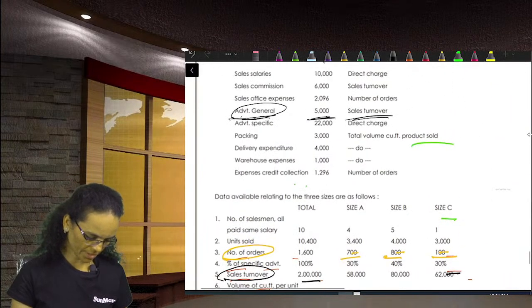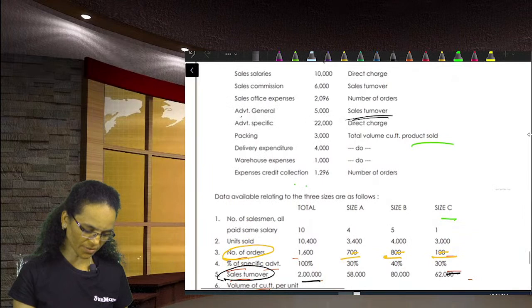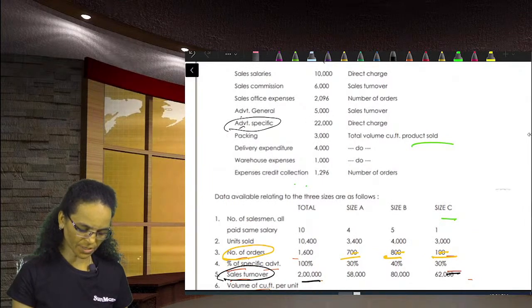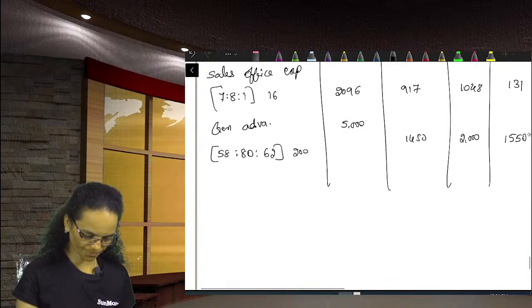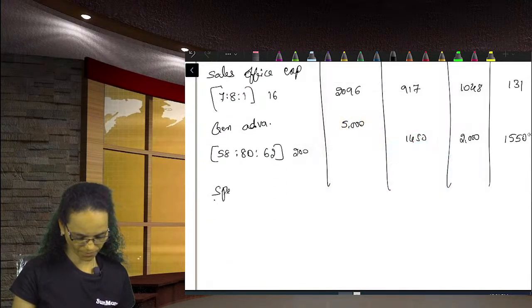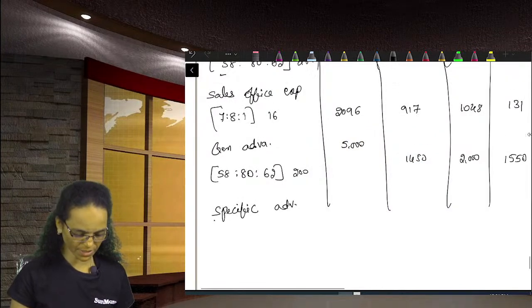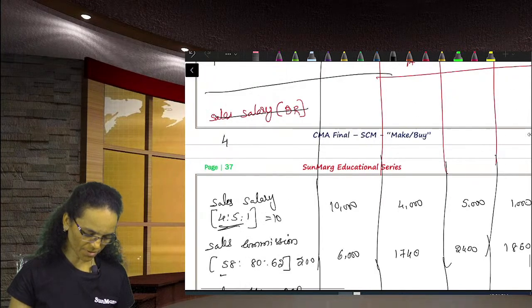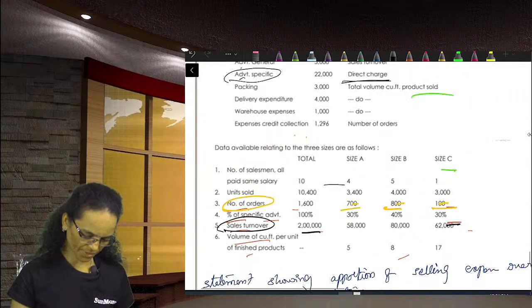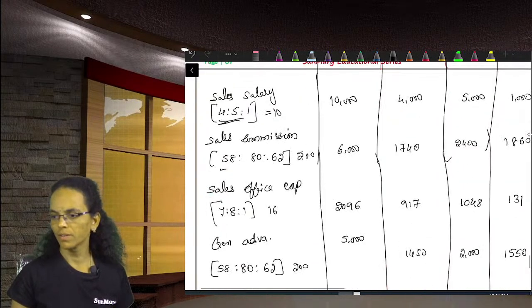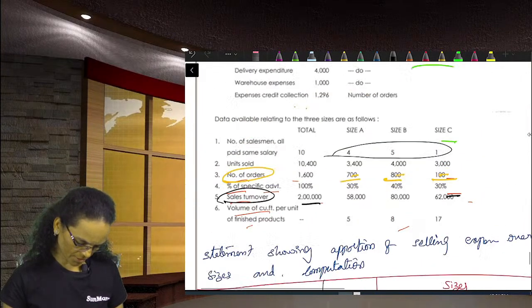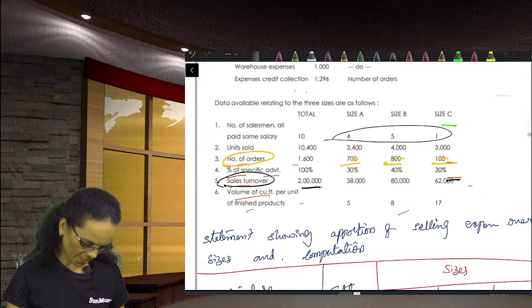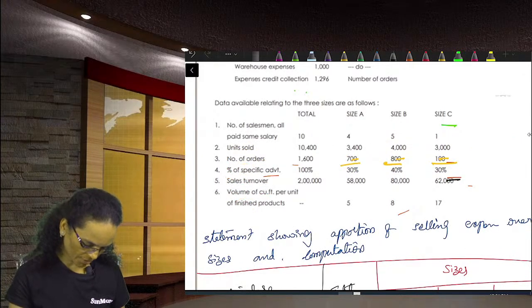Next, specific advertisement on direct charges, 22,000. Direct one is not this one, specific advertisement it is given direct, this one.